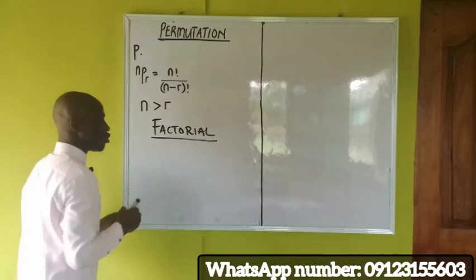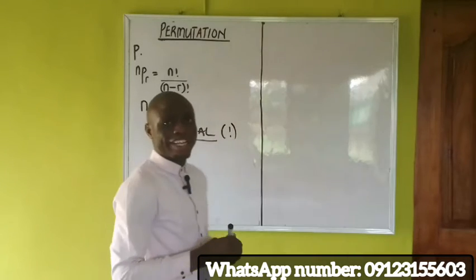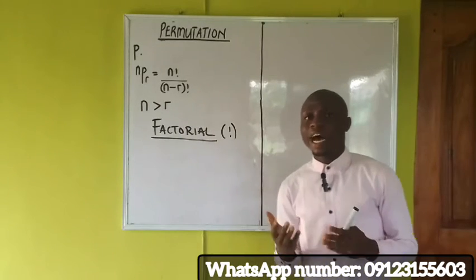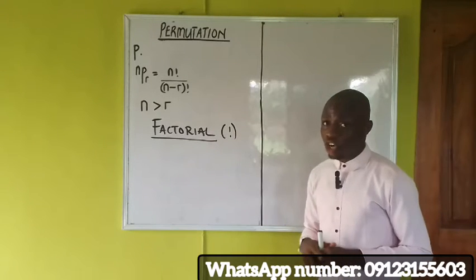What is factorial by definition? The symbol factorial in the English language is known as the exclamation mark.